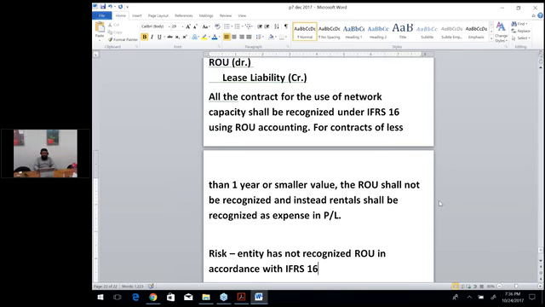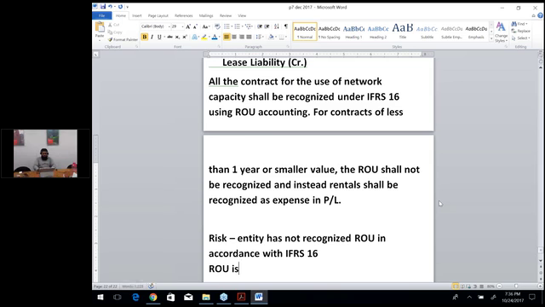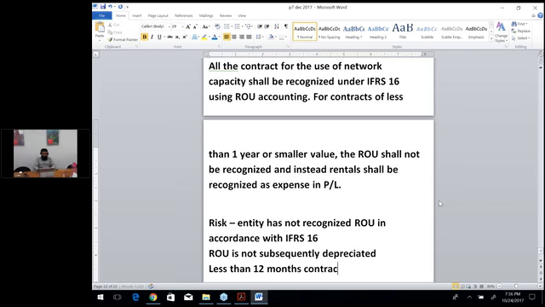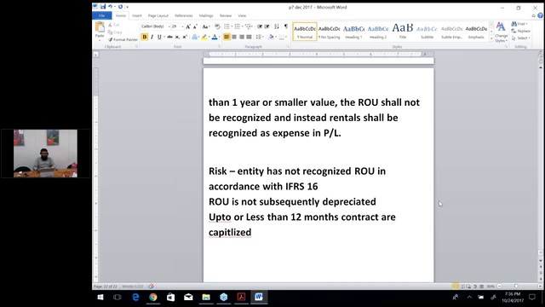Then ROU is not subsequently depreciated, and less than 12 months contracts are capitalized. So these are the various risks that are involved here. So you need to consider what are going to be the various risks that are going to be involved.